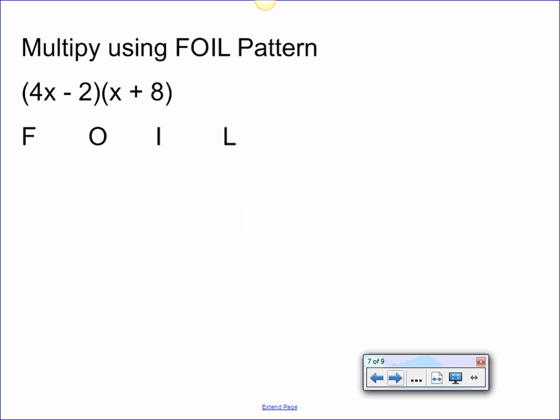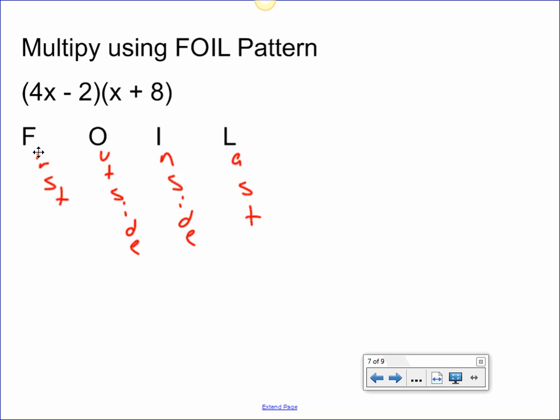Okay, and then the last way that you sometimes look at multiplying binomials is something called the FOIL pattern, which is basically a way to remember the distributive property. The F stands for first, the O stands for outside, the I stands for inside, and the L stands for last. The first is saying these two.